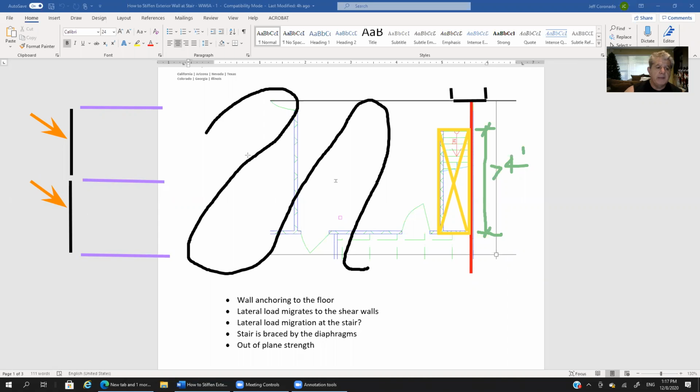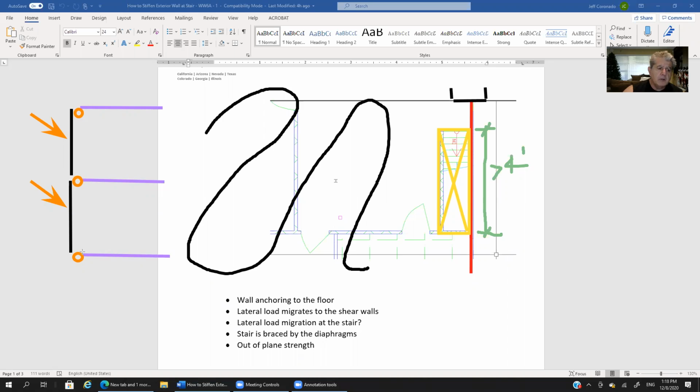So think of a simply supported beam that's supported here, and supported here, right? With pressure applied horizontally on that exterior wall. That pressure can come from several things, but more than likely it's wind that we're trying to resist.